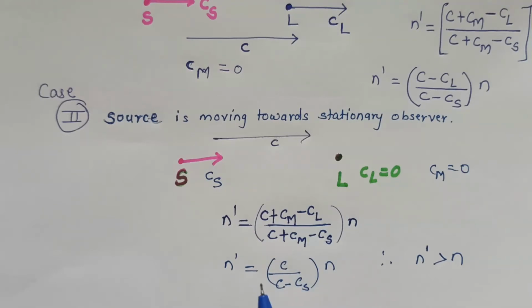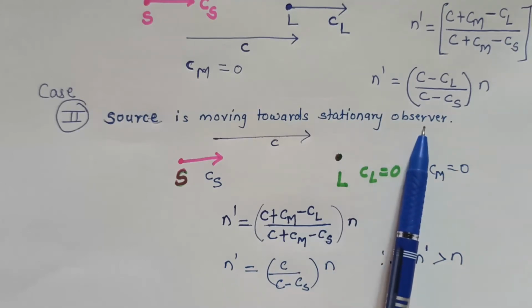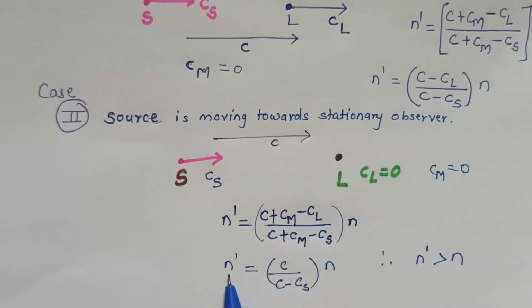Therefore, n dash is equal to c divided by (c minus cs) into n. It shows that n dash is greater than n. It means when the source is moving towards the stationary listener, the apparent frequency of sound increases. n dash is greater than n.